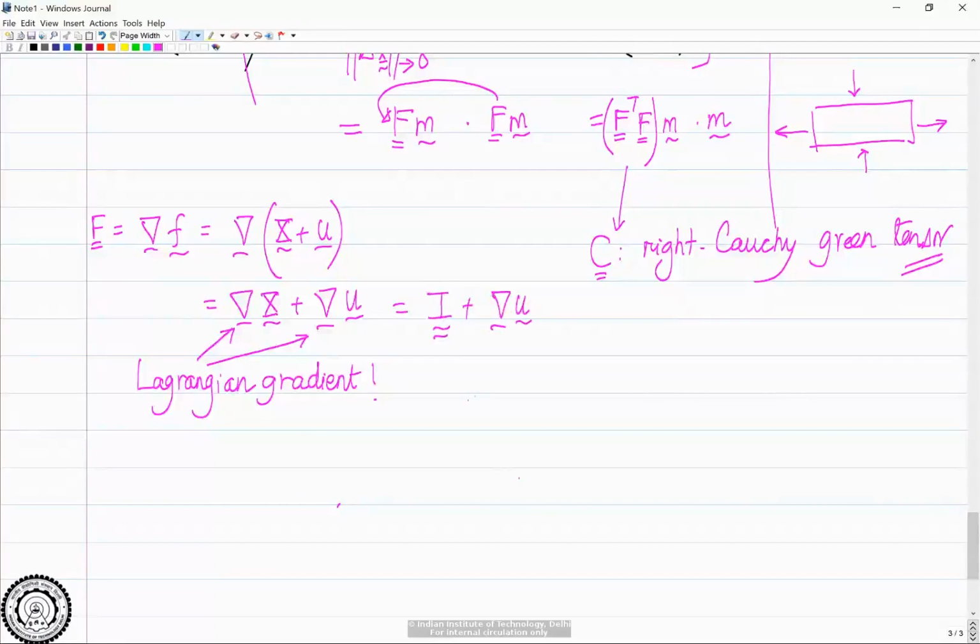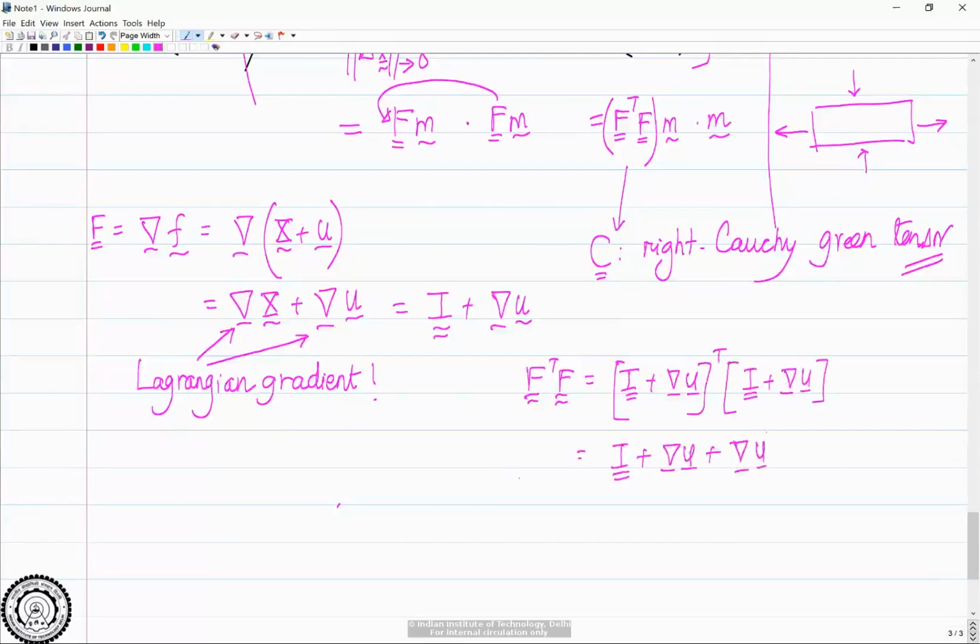So what is then F transpose F? F transpose F is then identity plus grad u transpose into identity plus grad u, which is identity plus grad u plus grad u transpose plus grad u transpose into grad u.